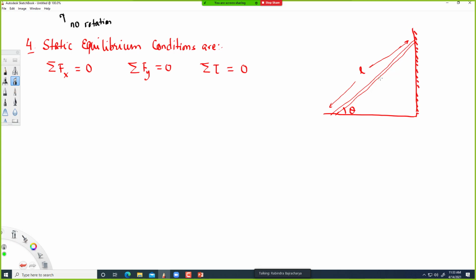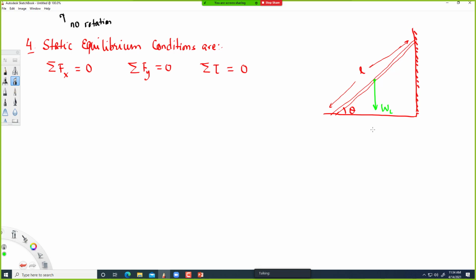The weight of the ladder is concentrated at the center. If this is the center, then its weight is concentrated at that center. So the weight would be pointing down. This is the weight of the ladder. If it is a uniform ladder, then its weight must be at the center.